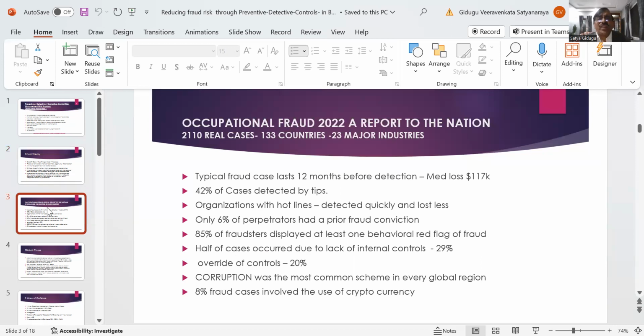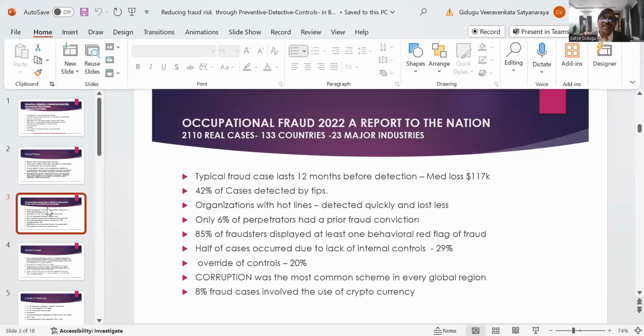Then the Association of Certified Fraud Examiners, the Report to the Nations, the 2022 report that ACFE gives, this wonderful document every year, by studying around 1,000 fraud cases globally. They will find out the statistics.